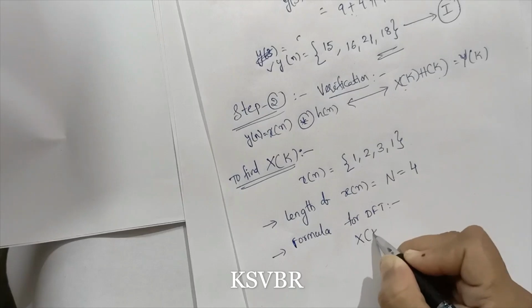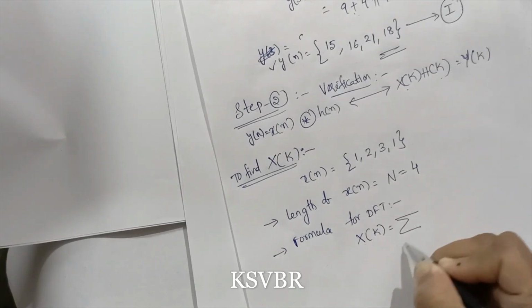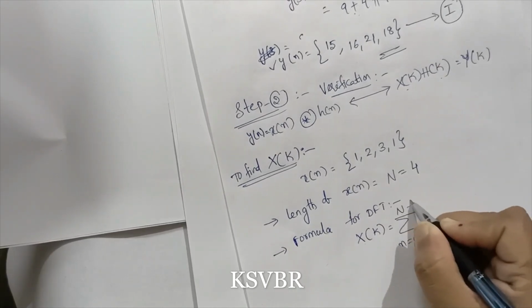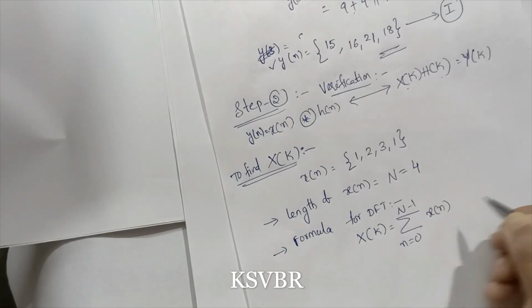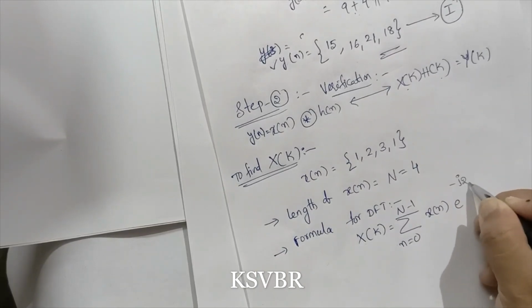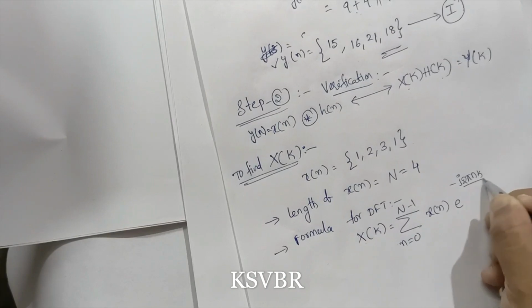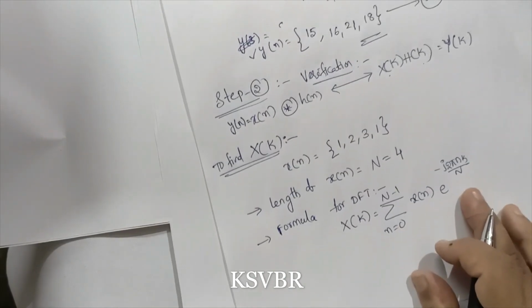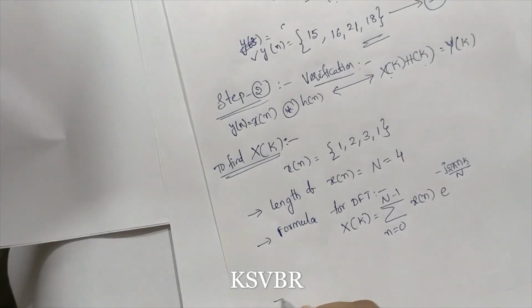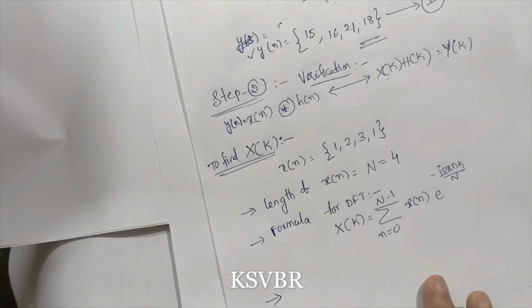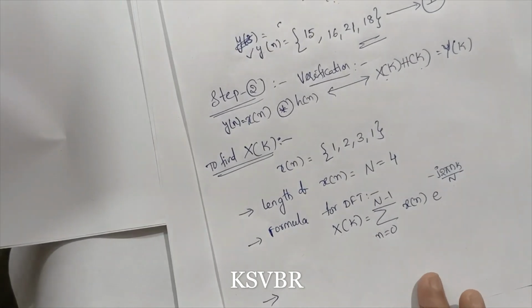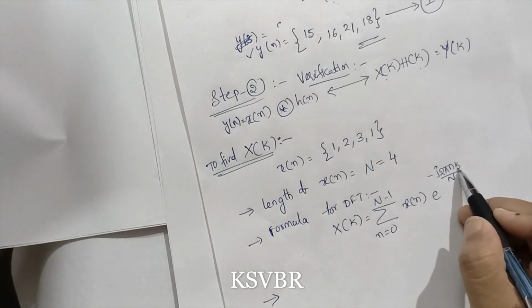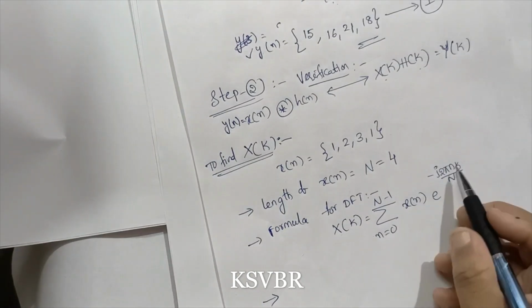Next, formula for DFT. What is the formula for DFT? X of k is equal to summation n equal to 0 to N minus 1 x of n into e power minus j 2 pi nk by capital N. As I told you earlier in class, in order to find DFT of a sequence, we have to reduce these equations completely to variable k.